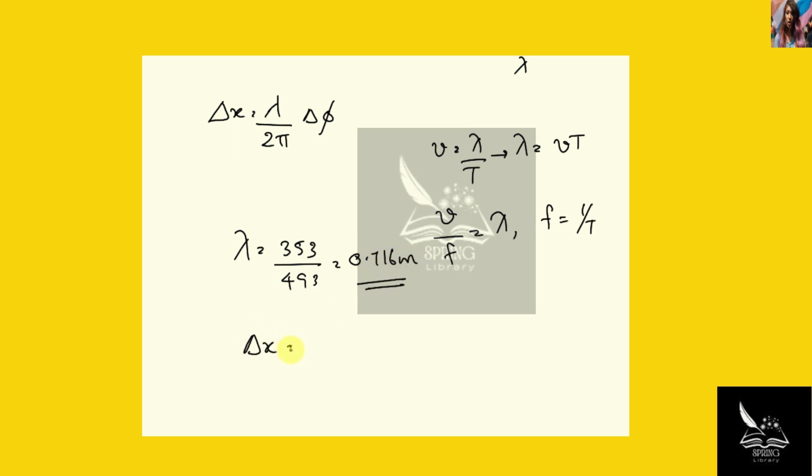Hence, delta x will be equal to 0.716 divided by 2 pi into 11 pi by 36. Therefore, we'll get the value for delta x as 0.1094 meter, or delta x is equal to 10.94 centimeter.